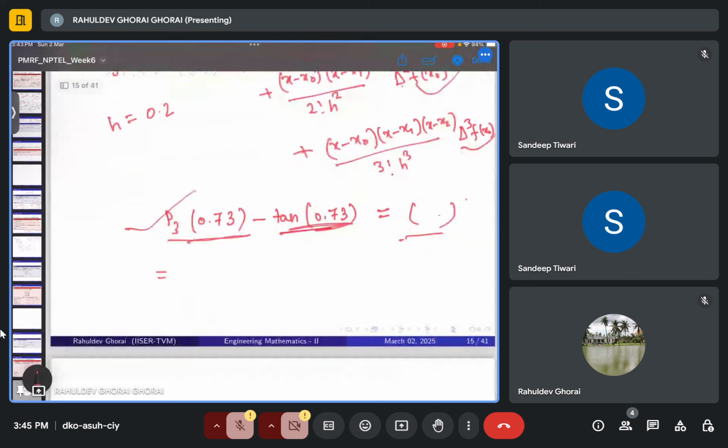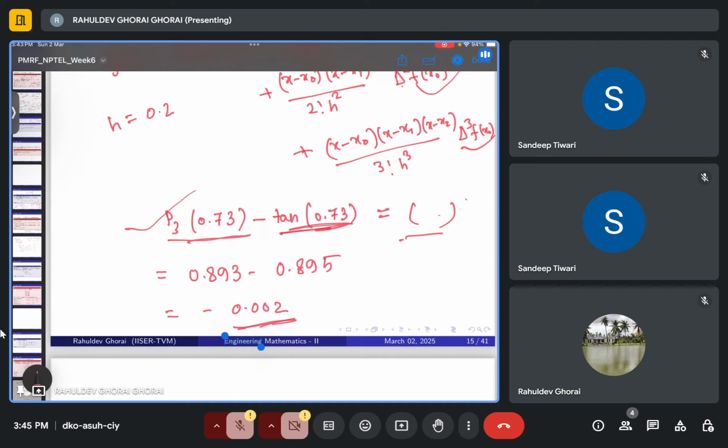So you can try it at home. P at 0.73 will be 0.893 if you take 3 points, and tan of this will be 0.895. So that gives you negative 0.002.